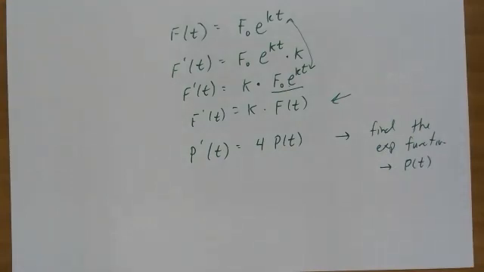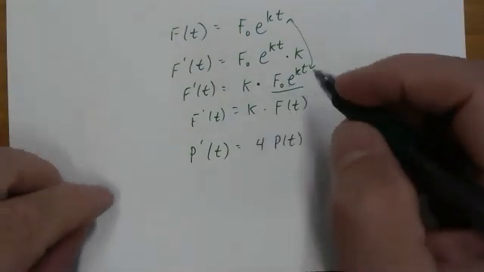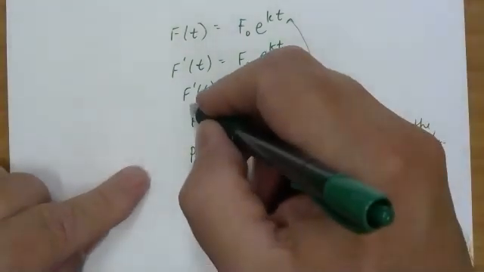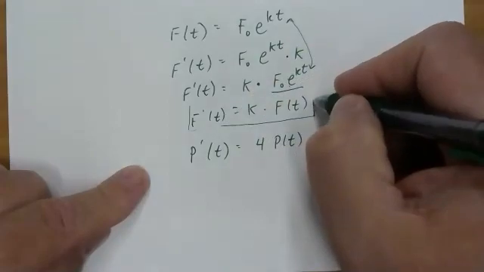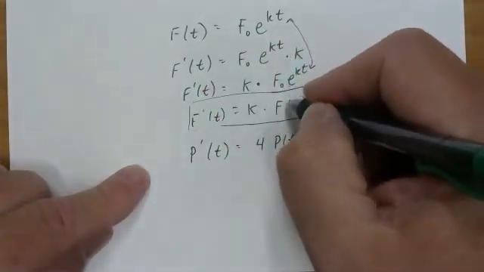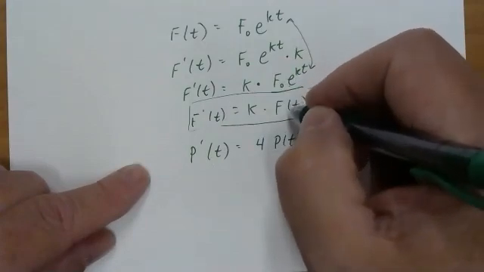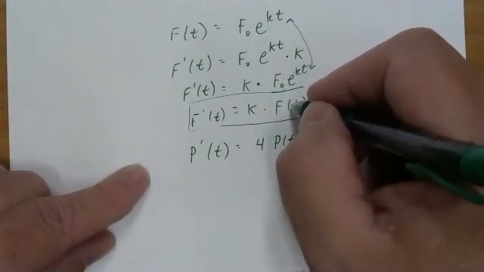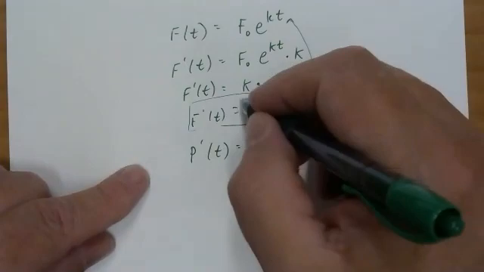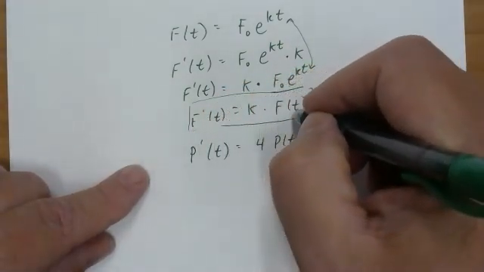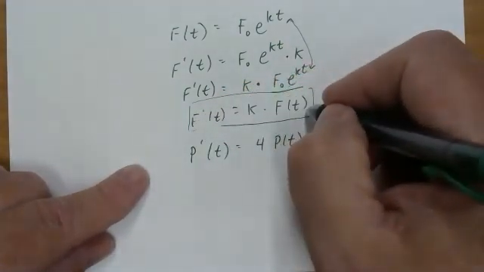So let me try and describe what's going on here. This little setup here only happens when your initial function is an exponential function. That's the only kind of function you can see this happen.